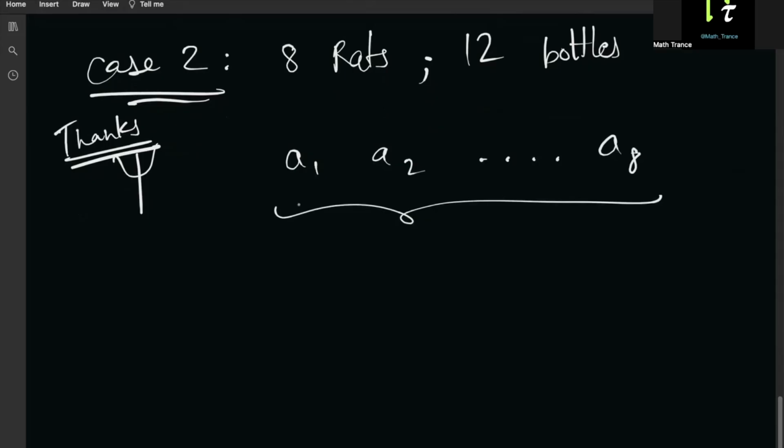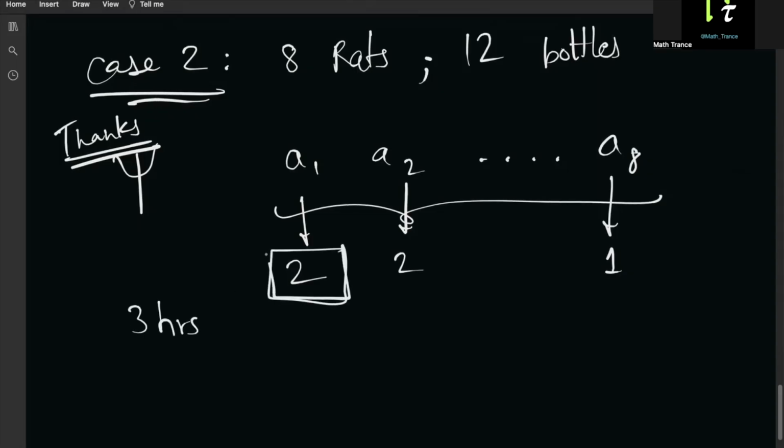In the worst case scenario, you have to feed at least one rat 2 bottles, and some of them will get one bottle, right? And even after the third hour, in the worst case scenario, you'll have 2 bottles remaining. So you have not exactly pinpointed it.